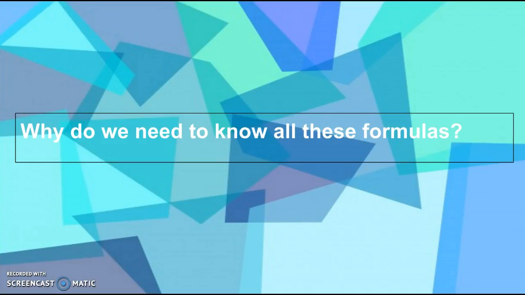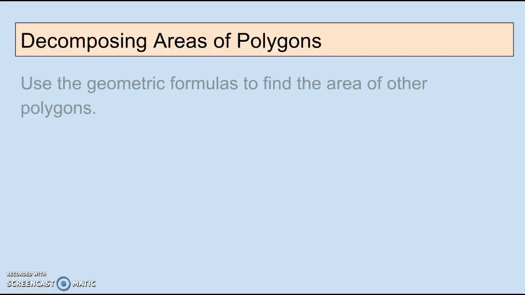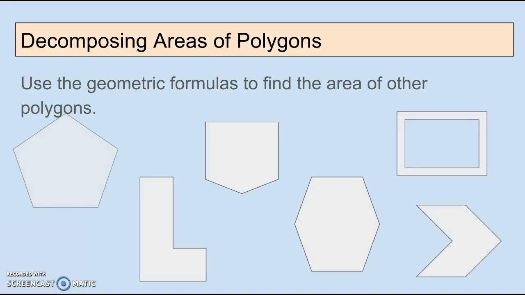So why do we need to know all these formulas? Because you're not always going to get a rectangle or a triangle or a parallelogram. Sometimes you're going to get more interesting figures. Okay? So we use the geometric formulas to find the area of other polygons.